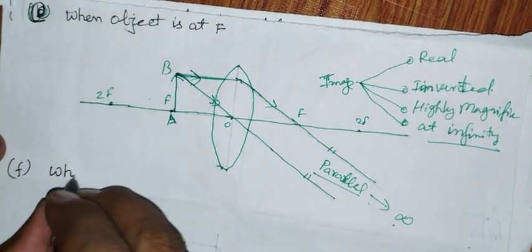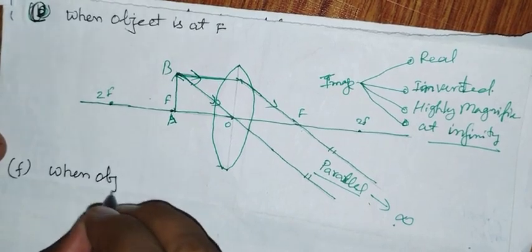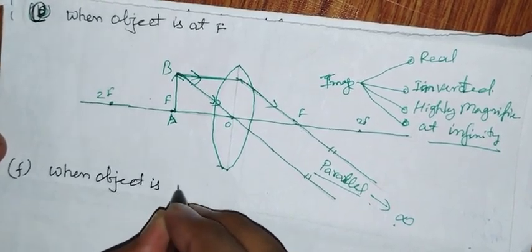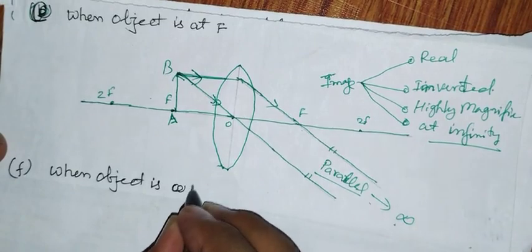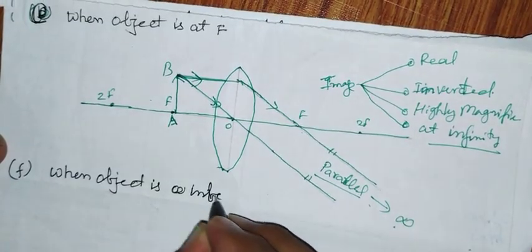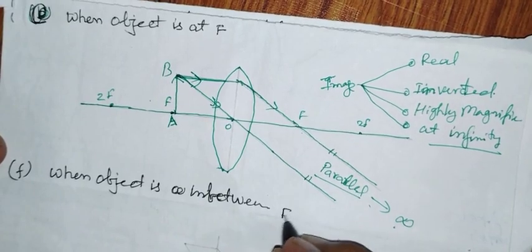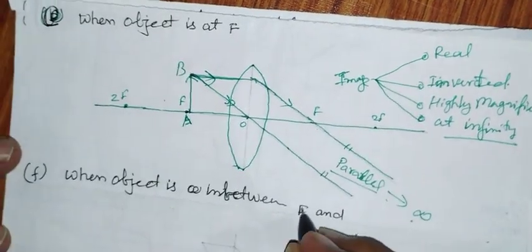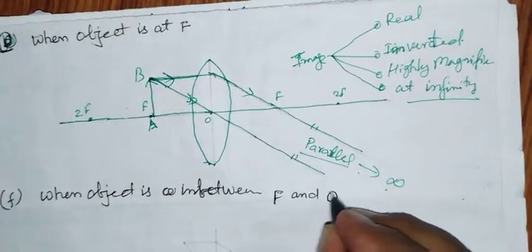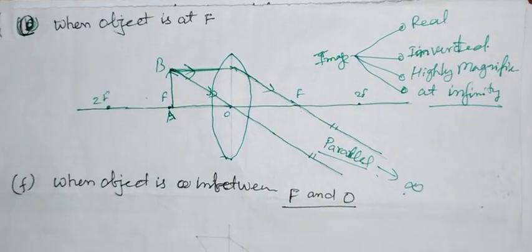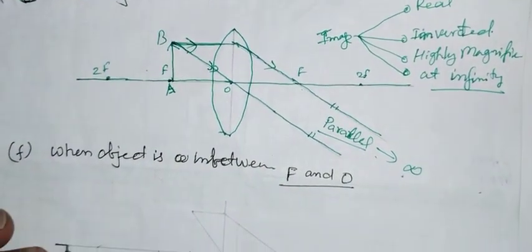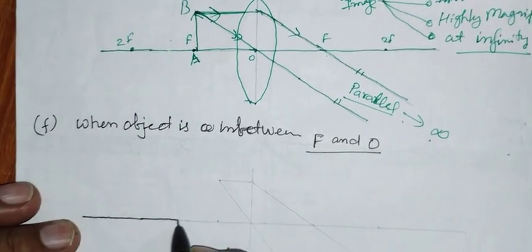When the object is in between the focal point F and optical center O. To show it, see carefully.